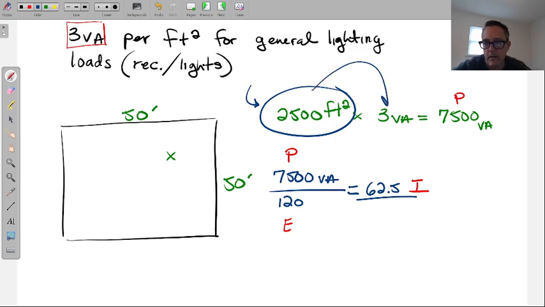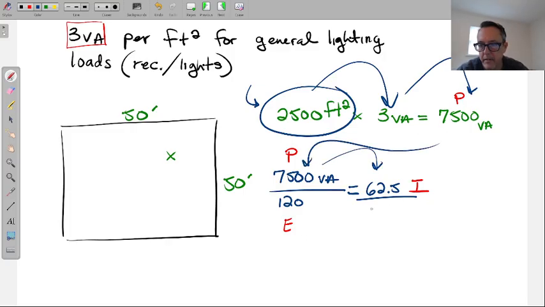So I start, multiply by that, come up with this number, divide that number by 120, amperage, and now divide that by 15. So 62.5 or 63, it wouldn't have mattered, you could round up in these cases. Divided by 15 comes to 4.16.